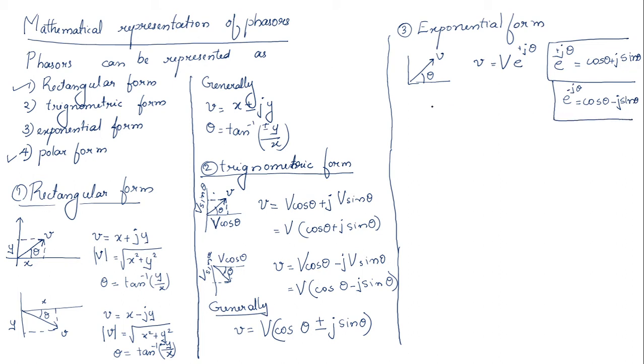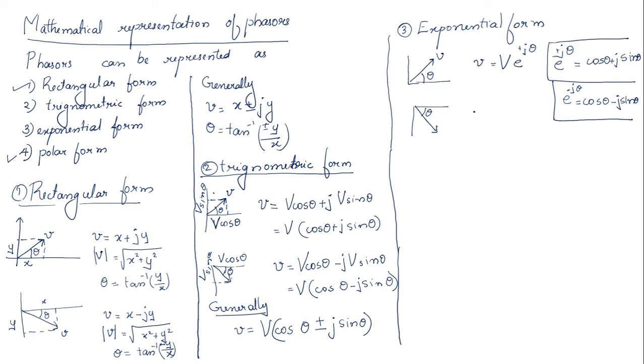And this form is used when the phasor is lagging the reference quantity by an angle theta. We will represent it using the expression small letter v is equal to, that means the phasor v is equal to magnitude, that is why I have written capital letter V, e raised to minus j theta.